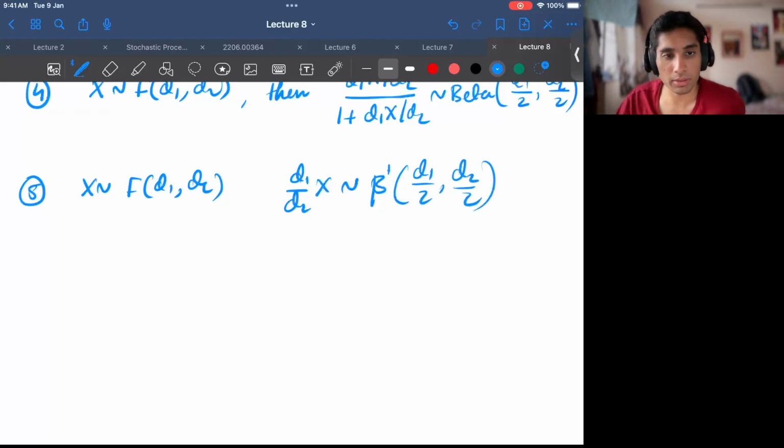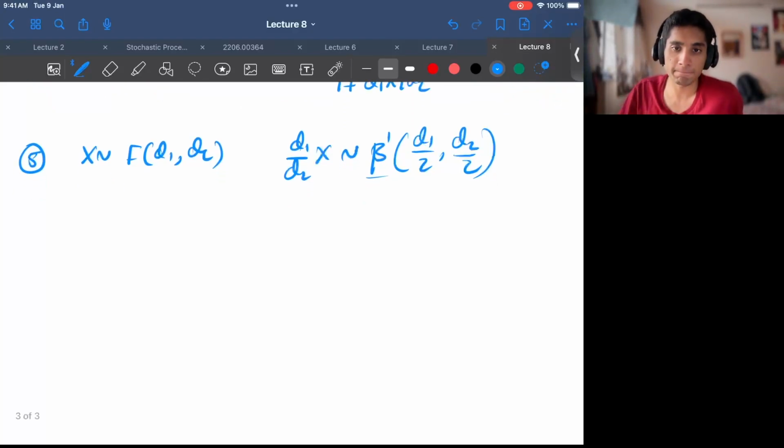This is another property of the F distribution. If you take the ratio of the parameters d1, d2 multiplied with x, you get a sample from this beta prime distribution.